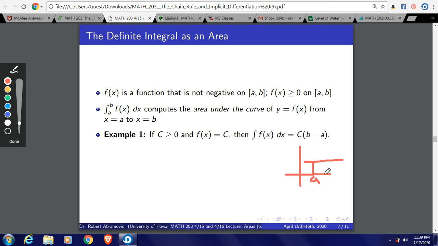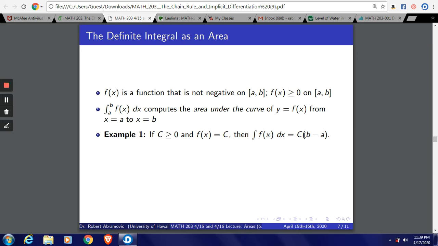The graph of a constant, of course, is a horizontal line. And if you look at the area under a horizontal line from a to b, you just get that shape. What is that shape? That's just a rectangle whose width is b minus a, whose height is c. Height times width, c times b minus a, gives you the area.